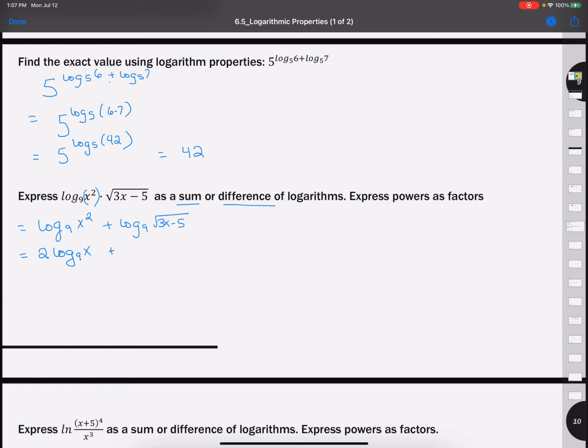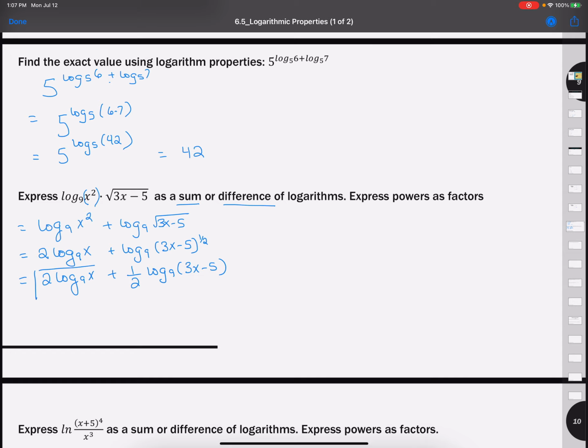So plus log base 9 of, remember, we can rewrite this as 3x minus 5 to the 1/2. So now we can express the second term, right, as 1/2 times log base 9 of 3x minus 5.